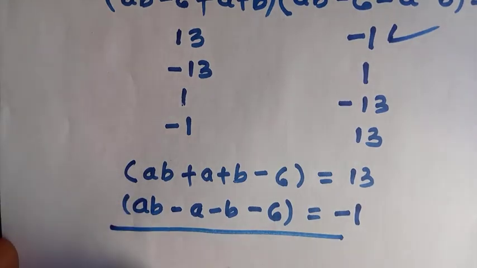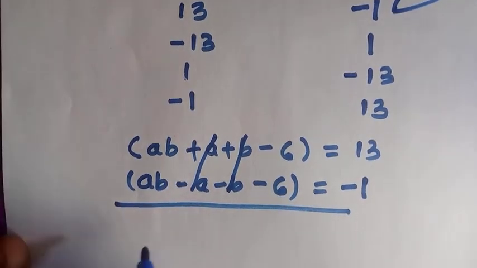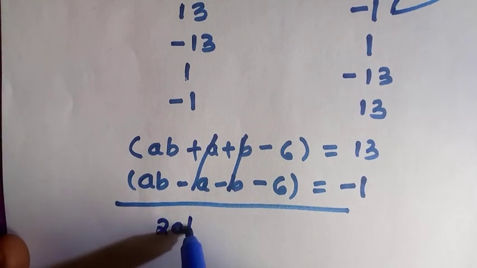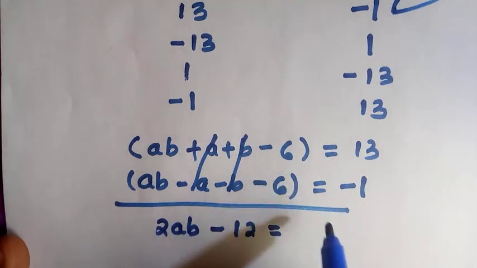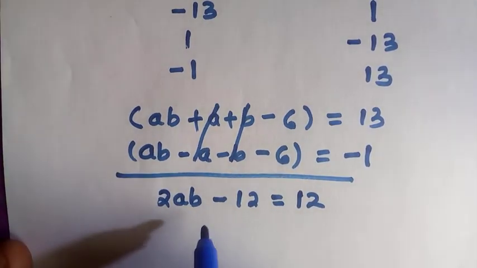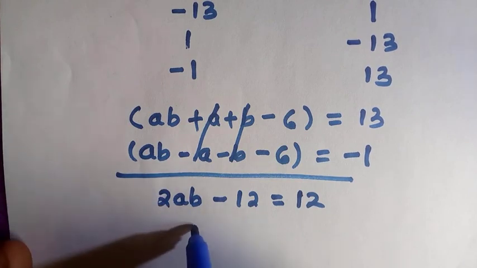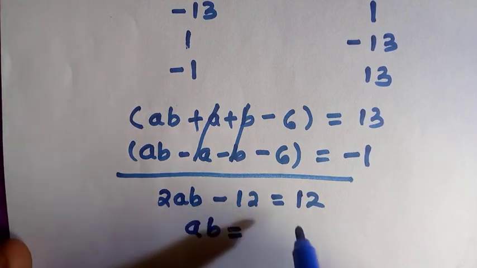Then let's add all this together. So these two go and ab becomes 2ab, negative 6 becomes negative 12, and this equals 13 minus 1, that is 12. So the entire thing becomes ab equals 12.